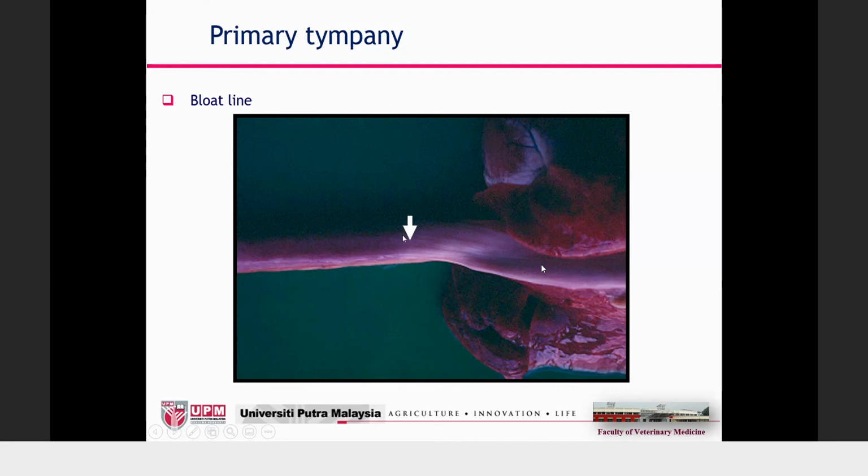An indication of bloat can be primary bloat or can also be secondary bloat. They will produce a bloat line. But not all the time do you expect to see this bloat line, depending on when you do your postmortem.